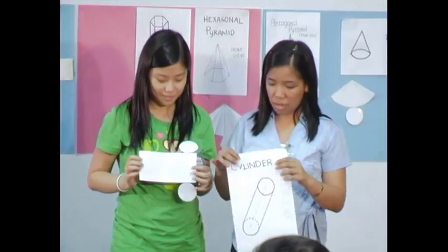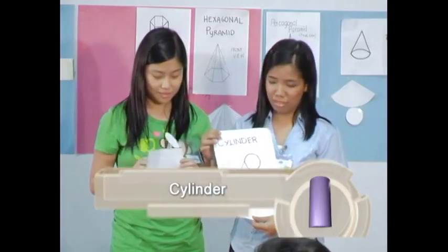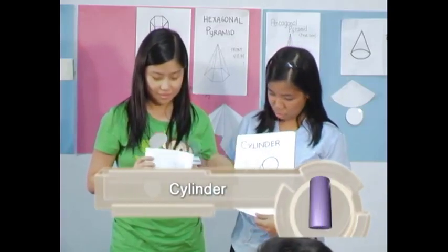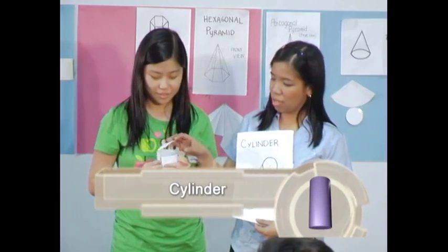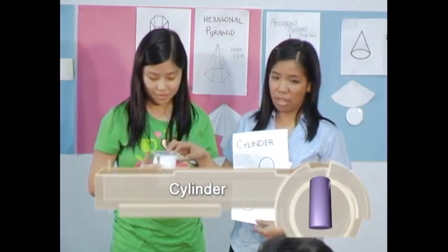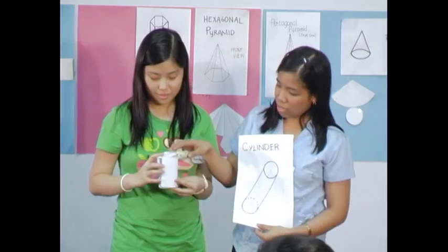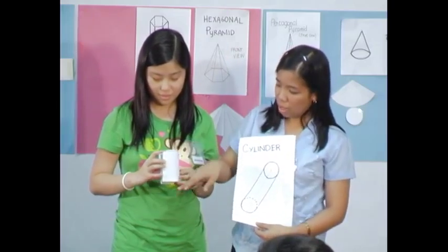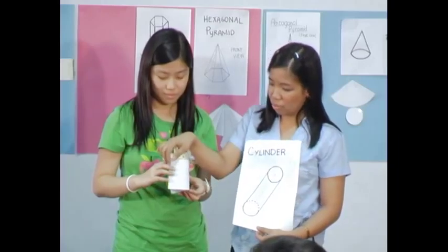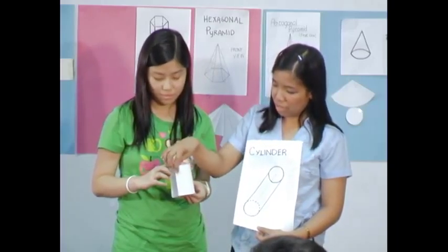Okay, with the given net, we have formed a cylinder. A cylinder has a base of a circle. So we have 2 bases, 1, 2, and I draw some imaginary broken line here because the centers of the circles should be aligned so that we could form the cylinder.